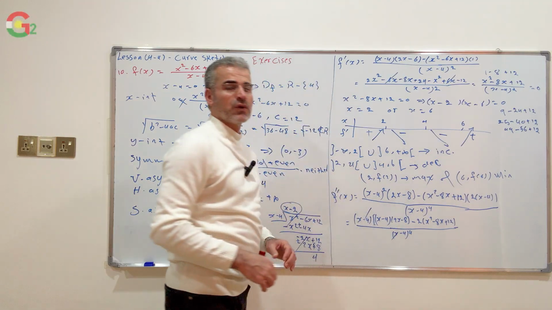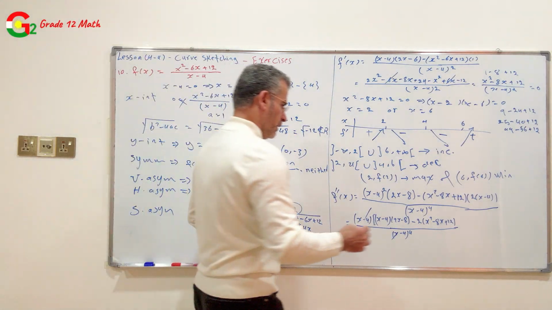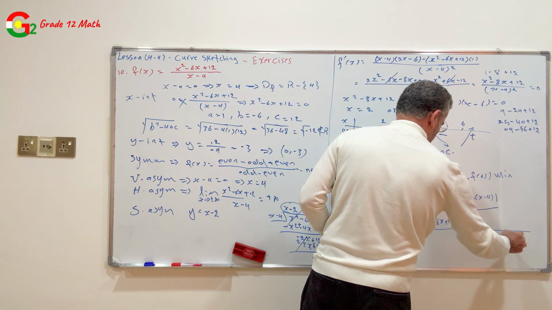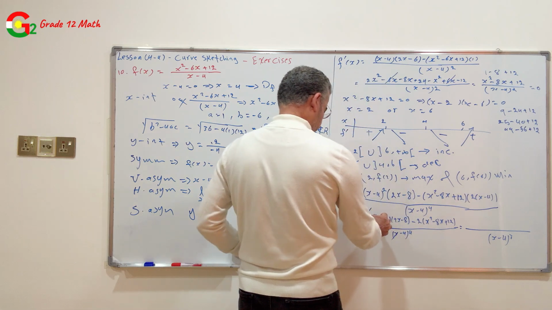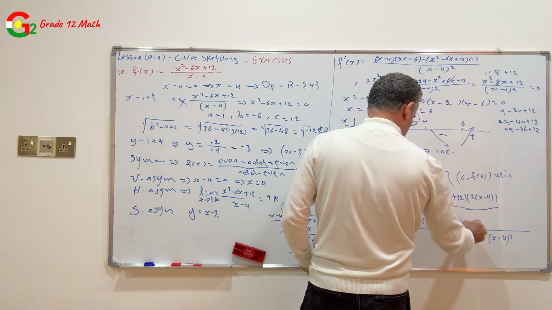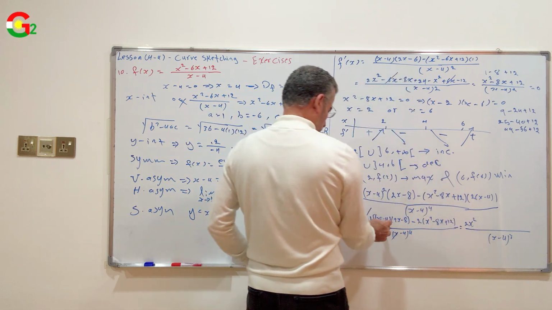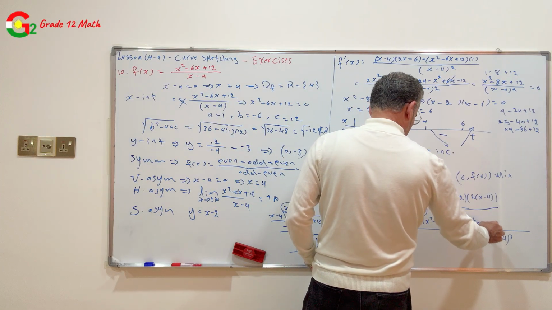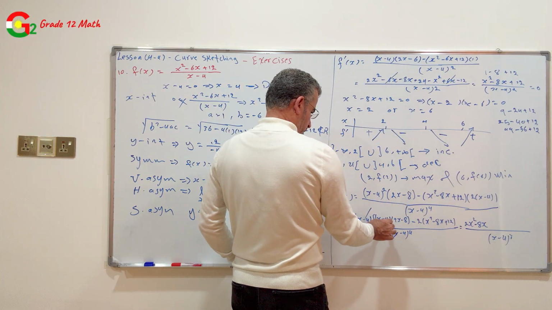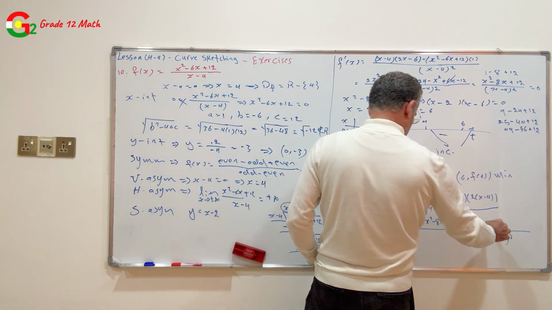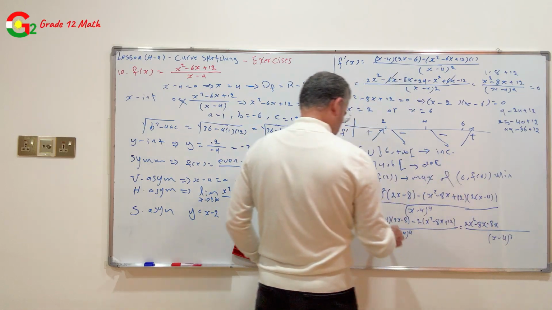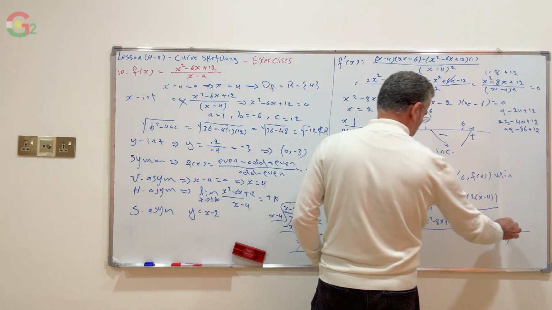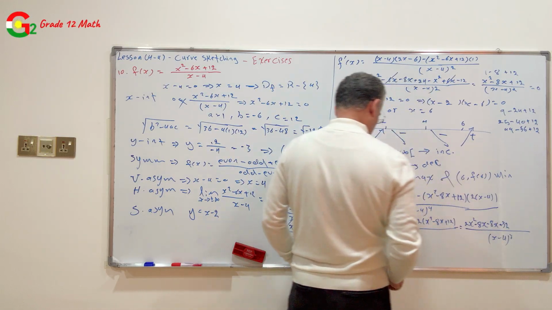Reduce x minus 4 with (x minus 4) power 4 and open the brackets. In the numerator, we have over (x minus 4) power 3: x times 2x, 2x power 2, x times negative 8, negative 8x, negative 4 times 2x, negative 8x, and negative 4 times negative 8, 32.